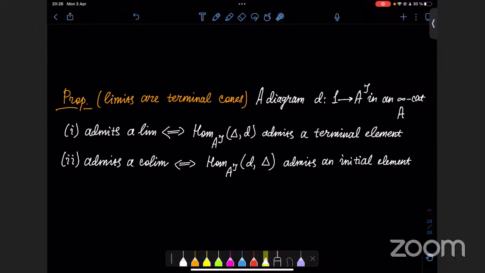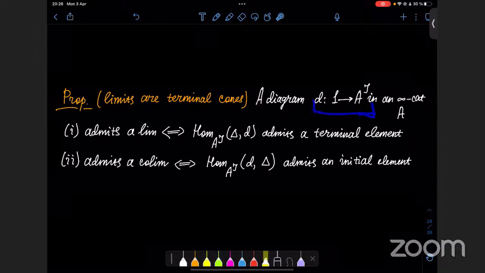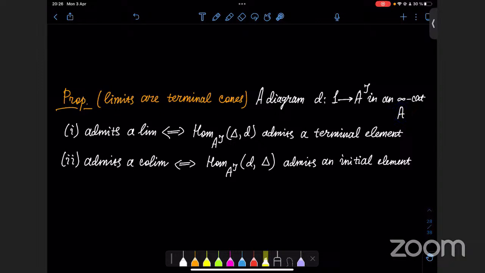A diagram D in infinity category A admits a limit if and only if this infinity category admits a terminal element, and admits a colimit if this infinity category admits an initial element.